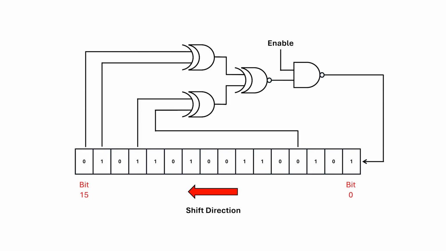This is the linear feedback shift register that the VIC-20 uses, and tip of the hat to Lance Ewing who figured this all out. I'm not sure I'd have the patience to do that. One of the main issues for any pseudo-random number generator is its periodicity. Now, the VIC-20 linear feedback shift register has an enable input. When this is low, the shift register will eventually fill with ones.